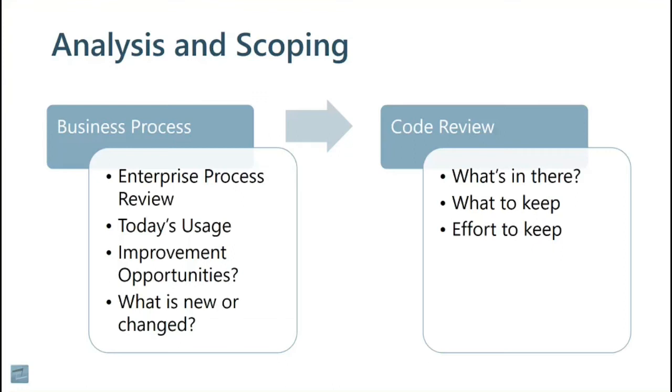So it's important to take that kind of download, so to speak, of what's in there versus those business processes and really figure out what you do and do not want to carry forward.